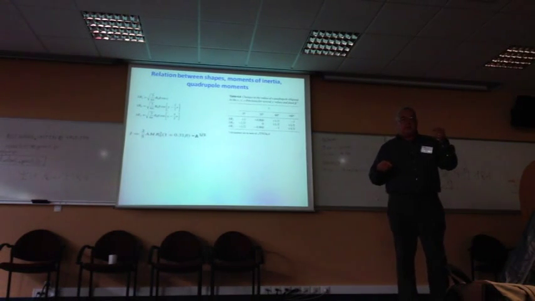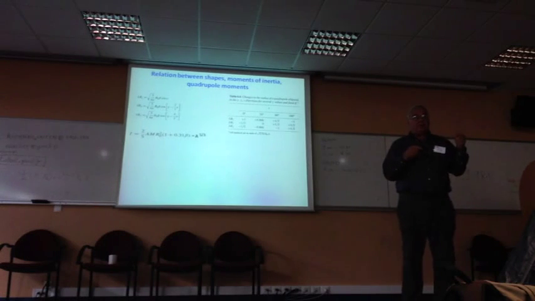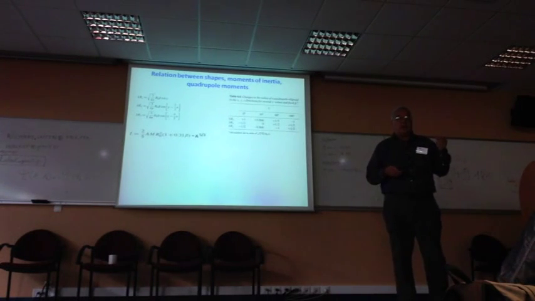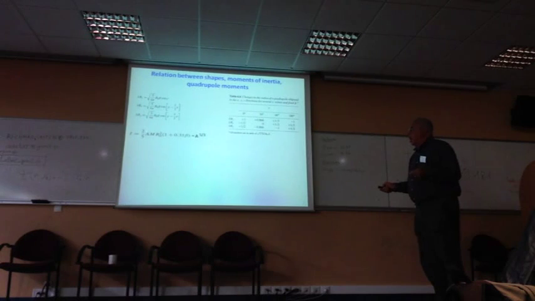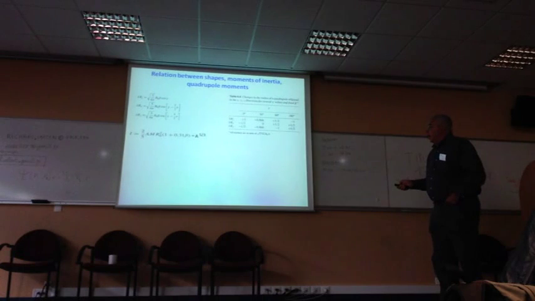R squared is the distance squared. M is the mass. For a nucleus, the mass is the number of nucleons times the mass, and that it goes as the radius. So the moment of inertia goes as A to the 5/3.